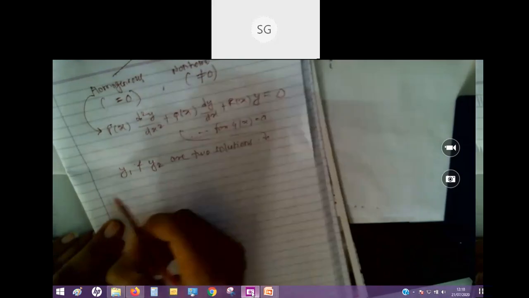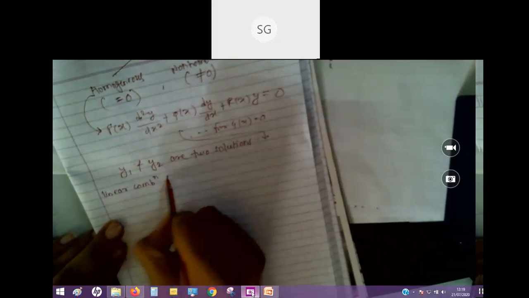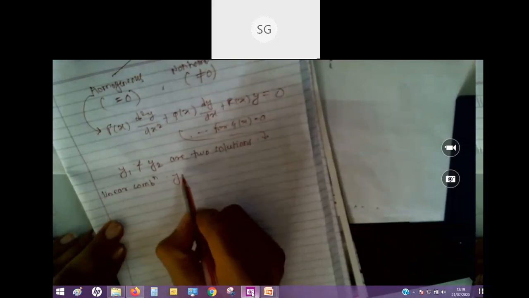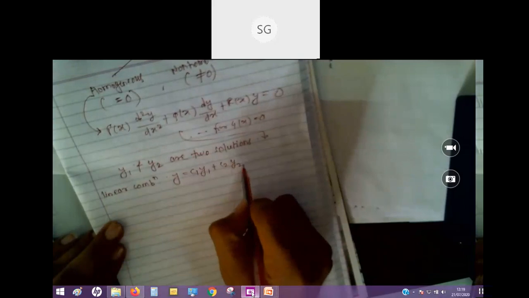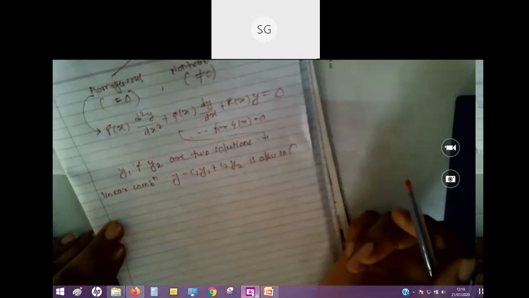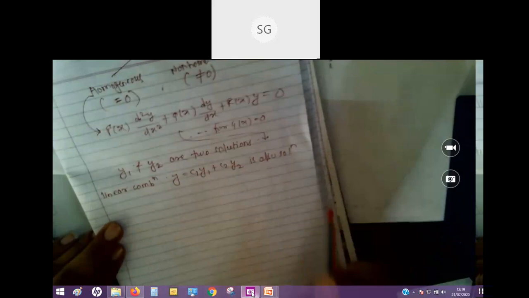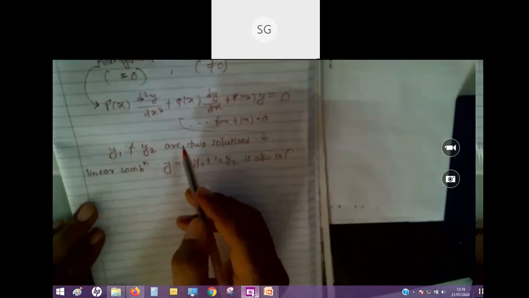Then the linear combination y equal to c1 y1 plus c2 y2 is also a solution, and we will see how to prove this. We can call this a corollary or theorem.